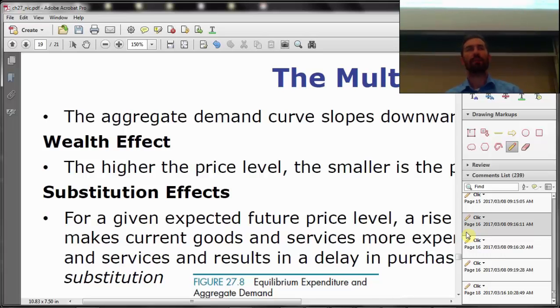When the price level increases, the purchasing power of those savings is going to decrease. In other words, the value of your wealth decreases. The amount that your current wealth can purchase decreases because that price level's gone up. Okay? So that's one thing. Alternatively, a substitution effect.